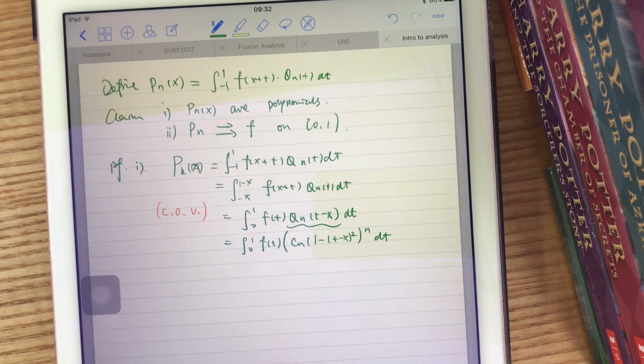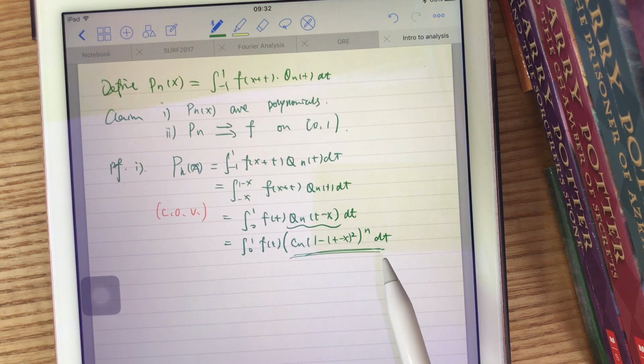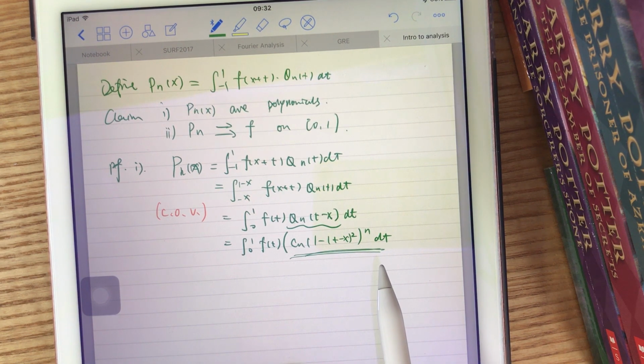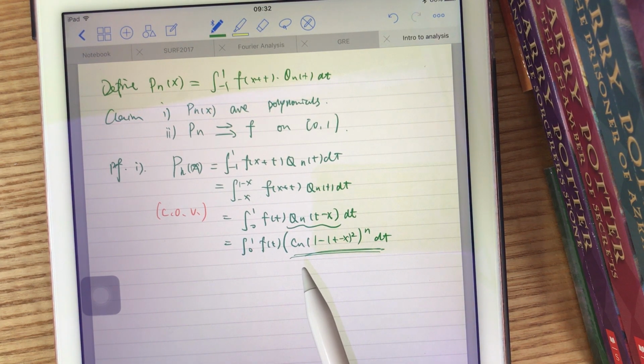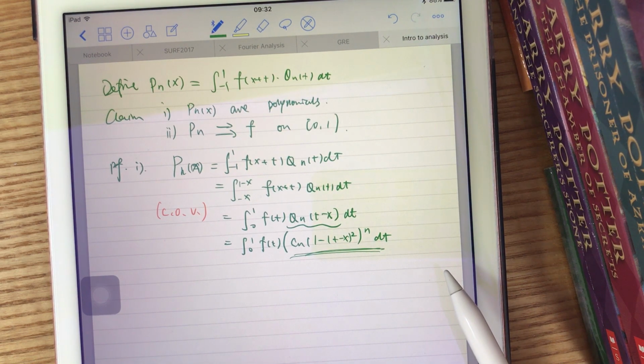And it's clear that we get some sort of polynomial here, right? Because if you expand it, you will always have some polynomial with respect to x, because you're taking the integral with respect to t, so t will disappear after the integral you're calculating, but x will remain.